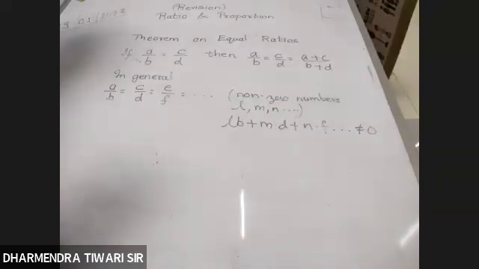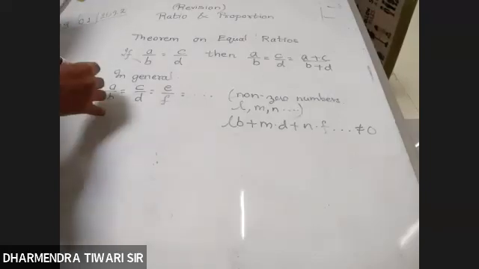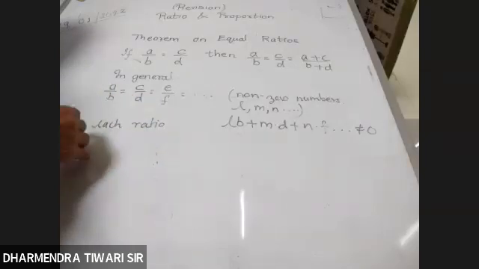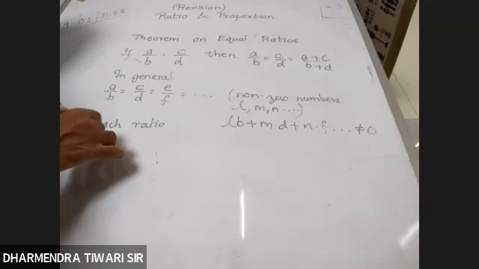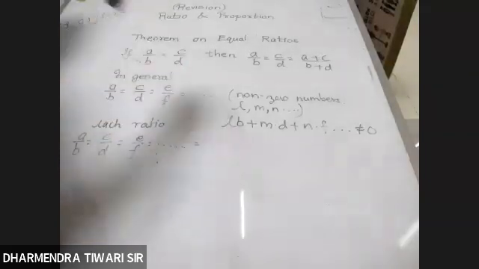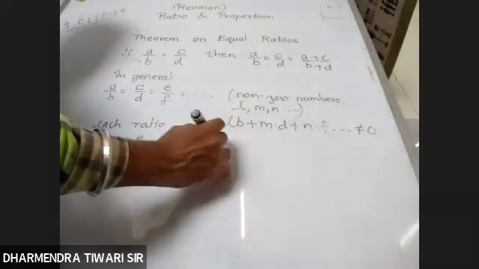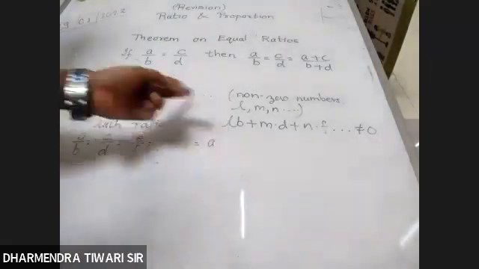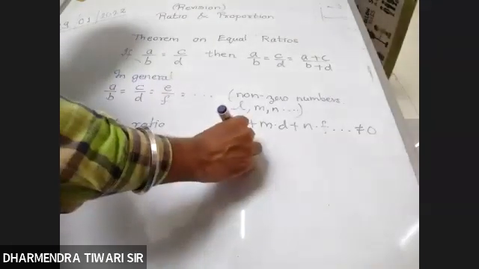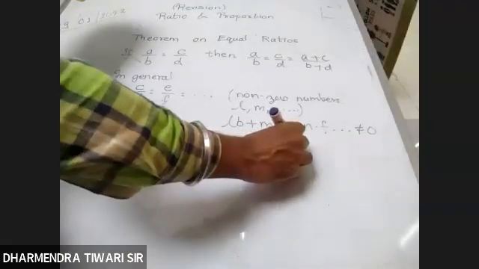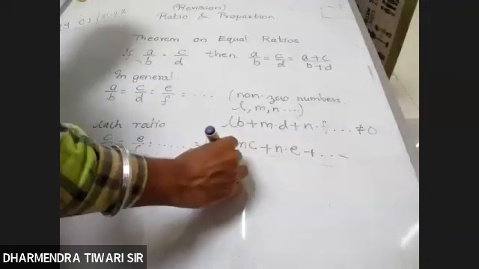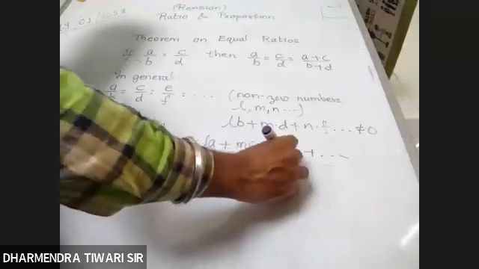So once the linear combination is non-zero, then each ratio, that is A by B is equal to C by D is equal to E by F is equal to, we don't know how many terms there are, is equal to, just as we are multiplying L to B, we need to multiply the same term L to A. So LA plus MC plus NE plus dot dot dot divided by LB plus MD plus NF plus dot dot dot.